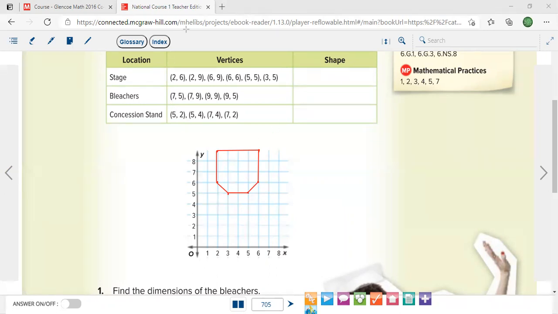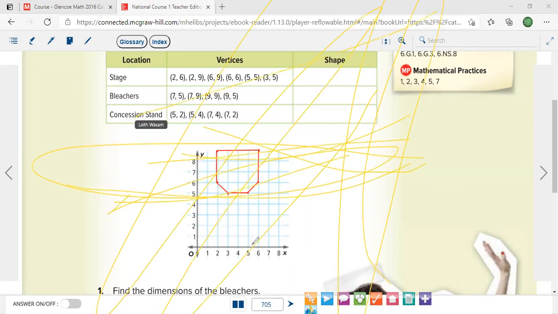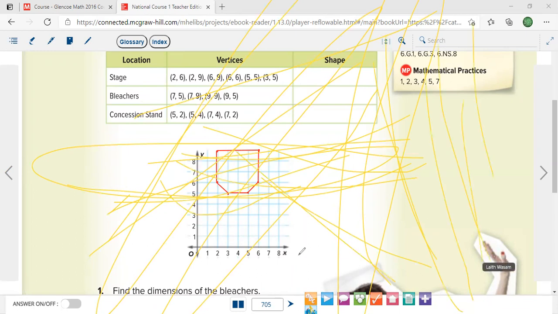Now I'll use another color to graph the bleachers, 7 and 5.